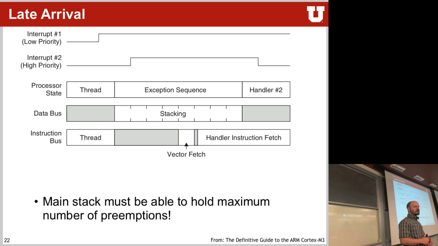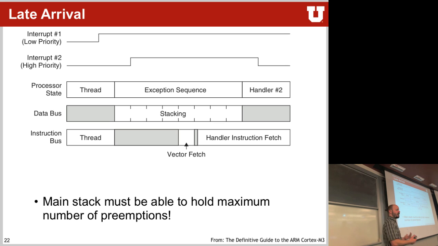Second, late arrivals. If one interrupt happens and a higher priority one happens while we are still stacking, it will actually execute the higher priority one, as long as this higher priority one happened before the vector fetch.